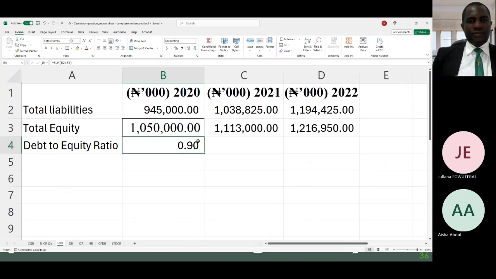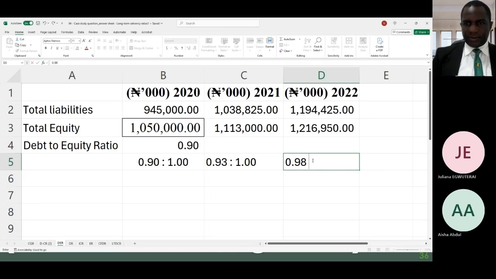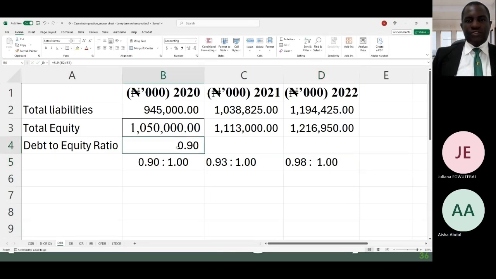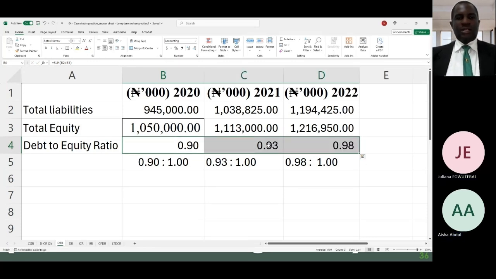I have 0.90 to 1, the other is 0.93 to 1 and 0.98 to 1. Let me drag and confirm exactly. Yep. Wow, exactly.